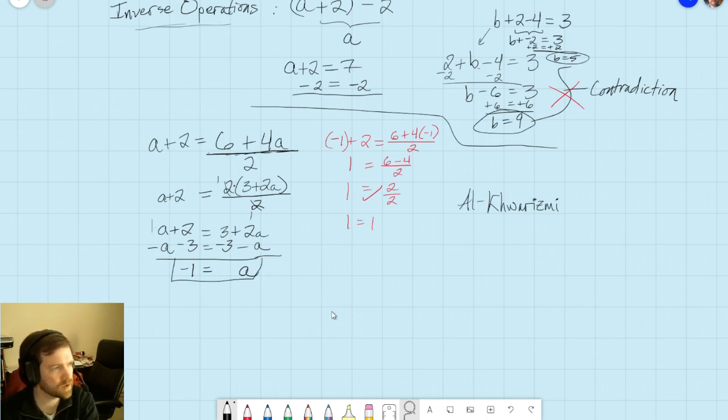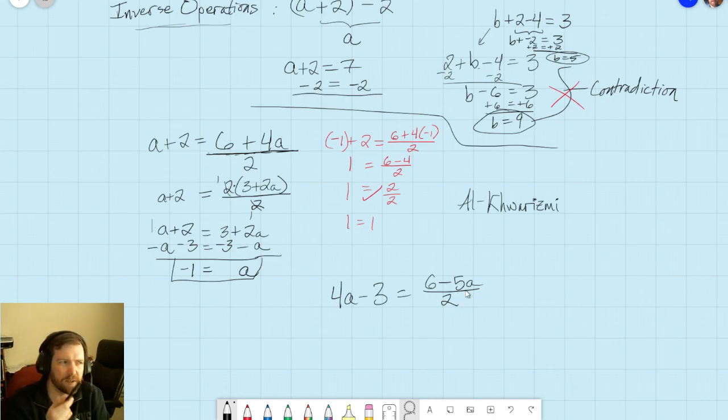So if you were to do something similar to this, we could do like 4a minus 3 is equal to 6 minus, let's not do 2, something that's slightly harder, 6 minus 5a all over 2.